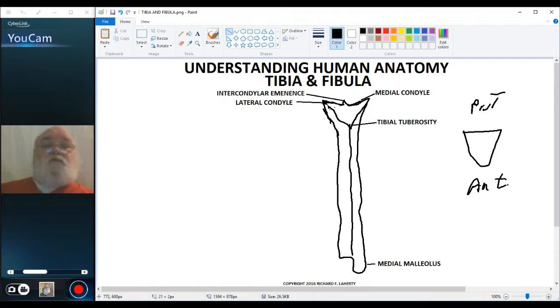And it helps form the articulation with the talus, the bone in the ankle that the tibia connects to. So these are the major structures of the tibia. Before I move on, let me label the tibia.